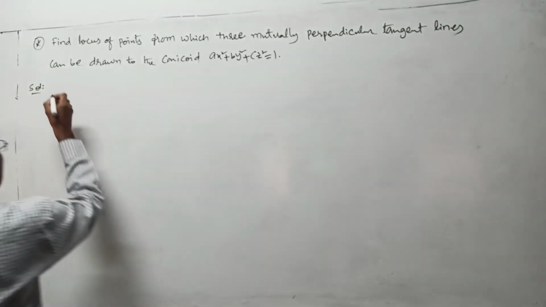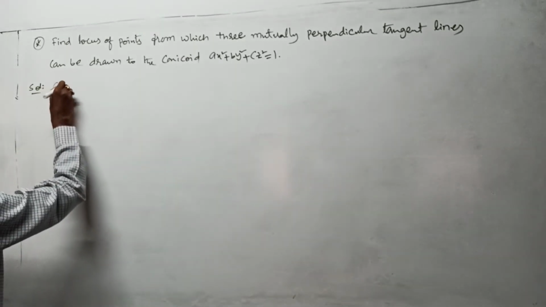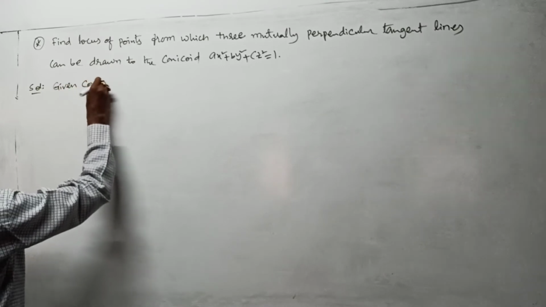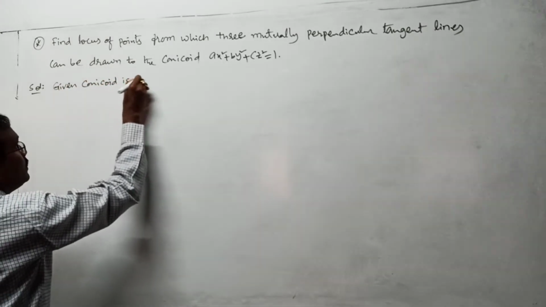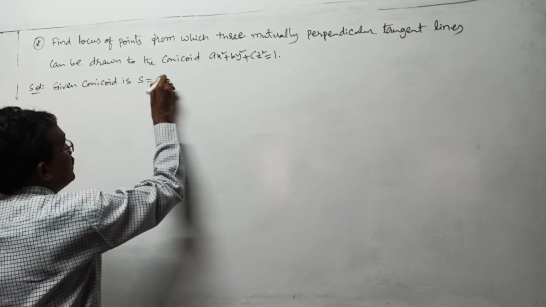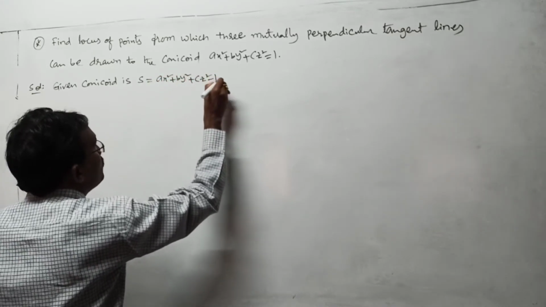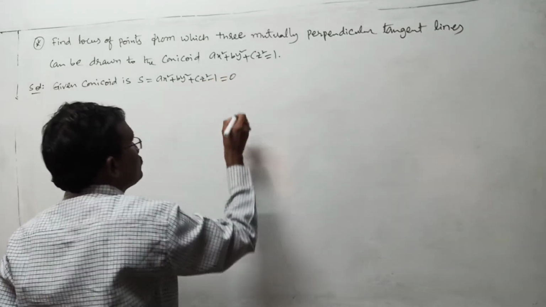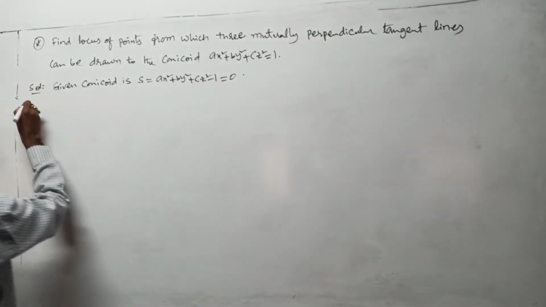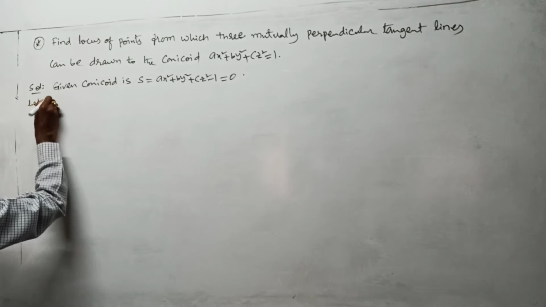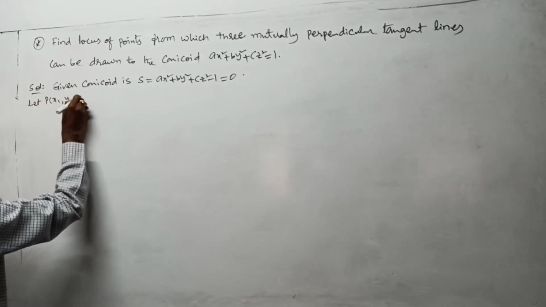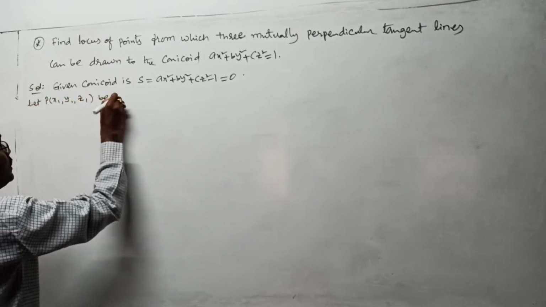For that, first I want to take the given conicoid. The given conicoid is S equal to ax square plus by square plus cz square minus 1 equal to 0. Let P(x1, y1, z1) be a point.